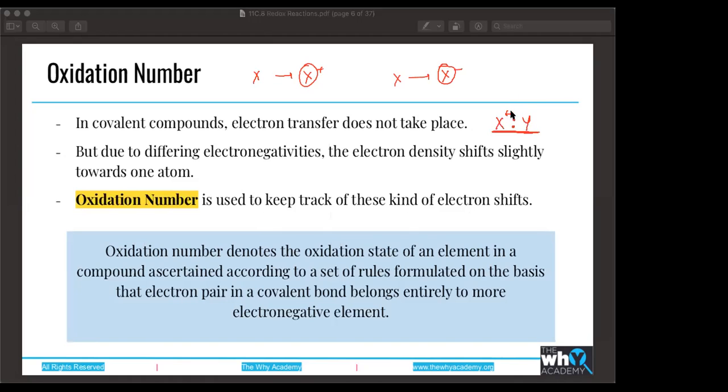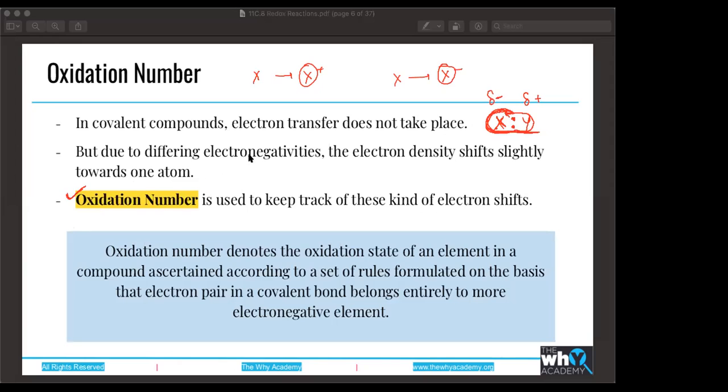Even though the electrons are shared by both atoms, let's say X is more electronegative and the electron density is shifting more towards X, and away from Y. So we know that Y gains a delta positive and X gains a delta negative, right? To keep track of this electron shift, you can use oxidation number.